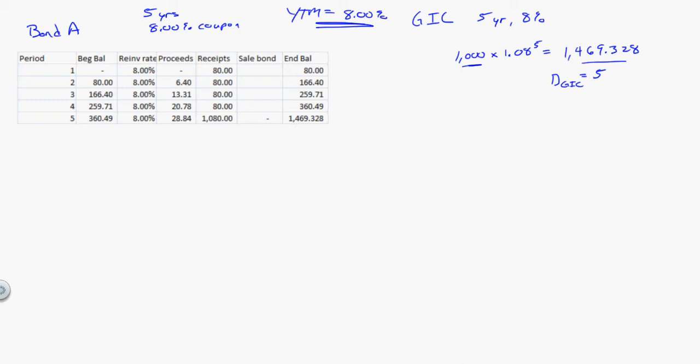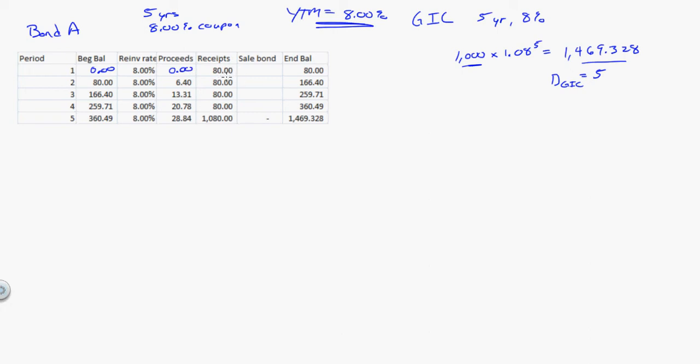Let's assume that those yields stay exactly the same. What will the cash flows look like? Here's exactly what happens. I start out today with $0 in my account, and 8% of 0 is 0.